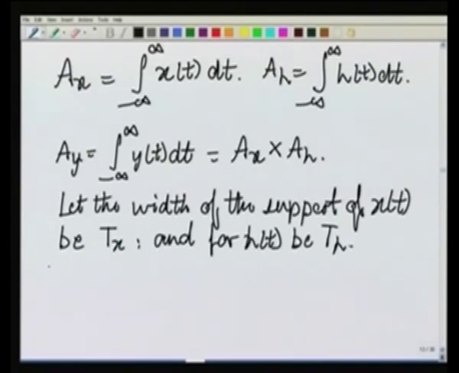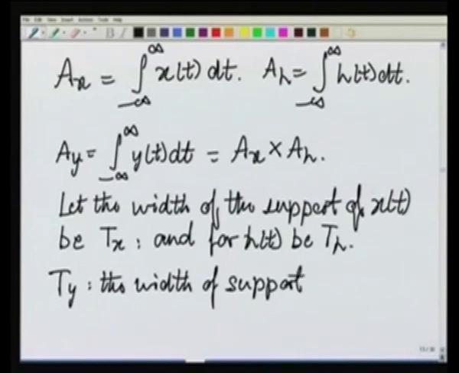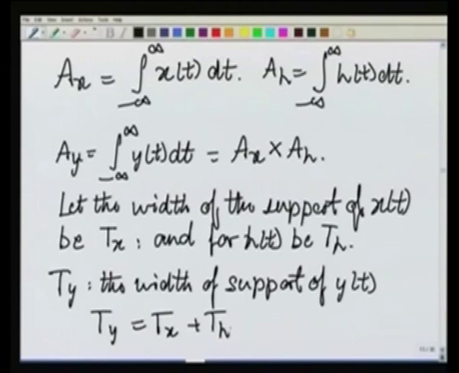Then the width of support of y t, which we will call T y, is given by T y equals T x plus T h. Again, something that you can prove without too much difficulty.